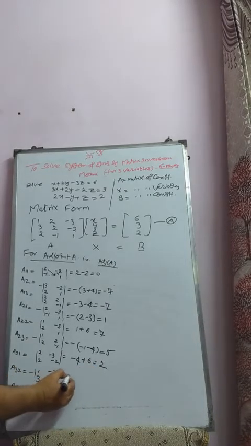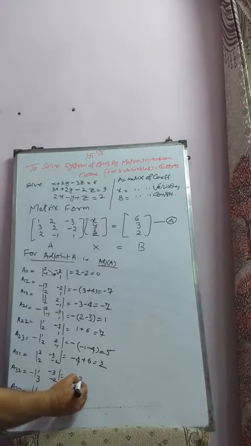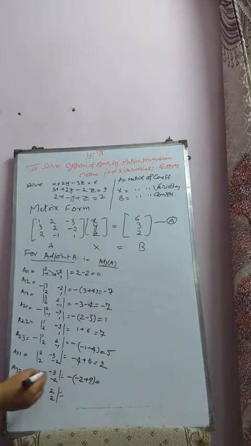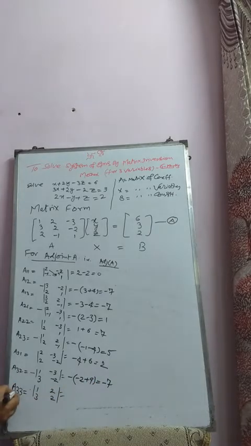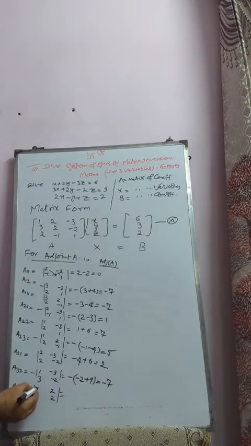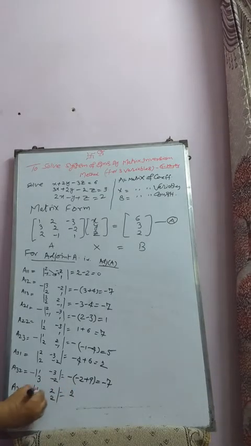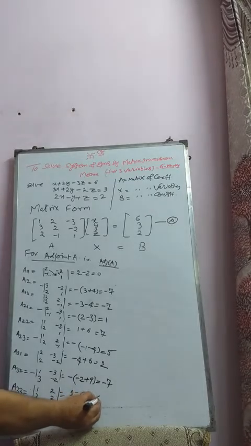Again minus outside we take minus 2 plus 9, resulting inside plus 7, outside minus 7. Now A33, this is 2 minus 6, that is minus 4.